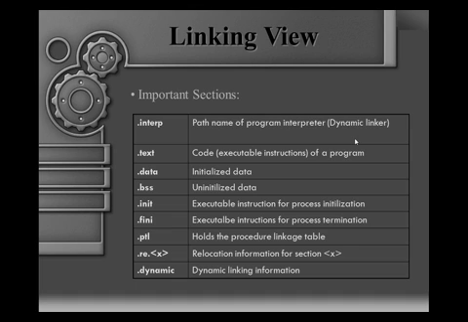Then .data, this is the initialized data. Then there is BSS, that is the uninitialized data. So there is a difference between data and BSS. Data contains the initialized data. For example, if I'm writing a C program and I initialize my variable, for example int sum = 0, it is stored in the .data section.